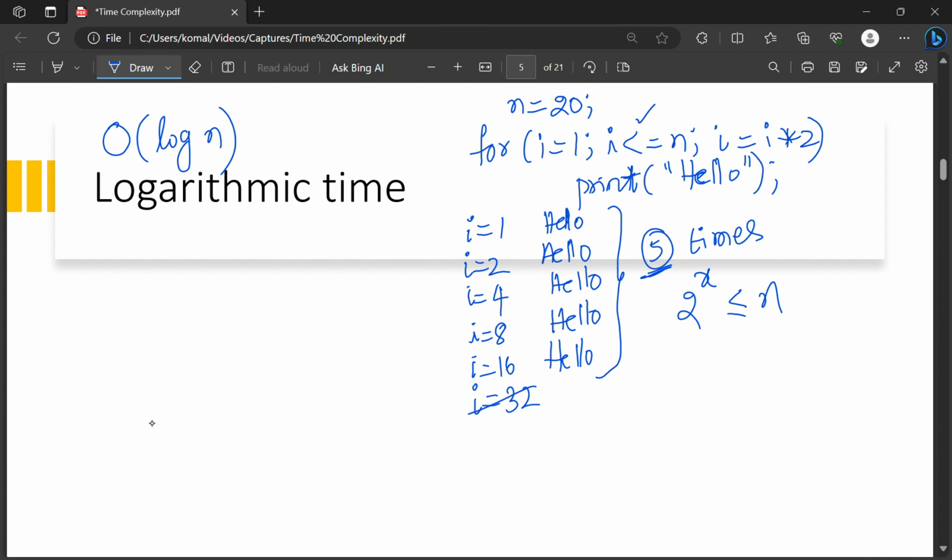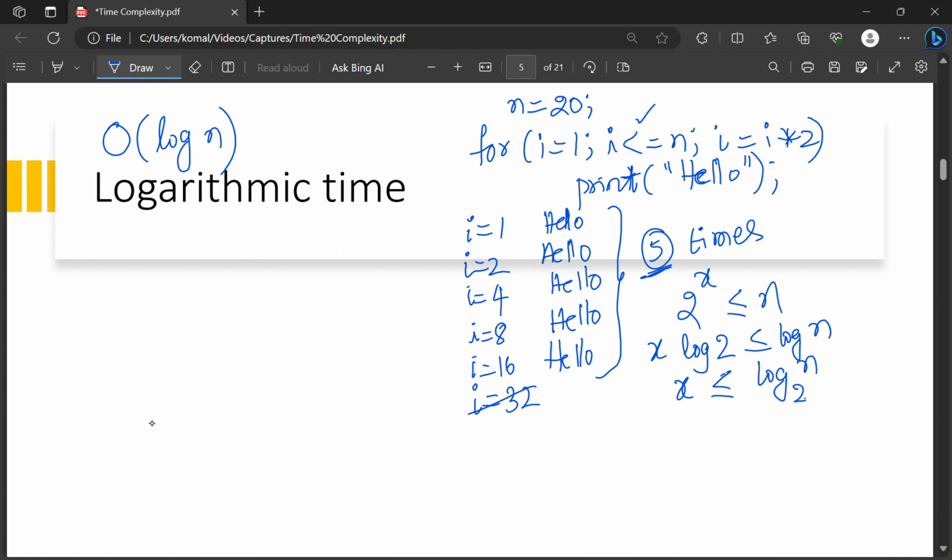Next, to resolve this relation, let me take logarithm on both sides. If I take logarithm both sides, then this will become x log 2 less than or equal to log n. Next, if I send log 2 to the right hand side, x becomes log n by log 2, that is, log n to the base 2.